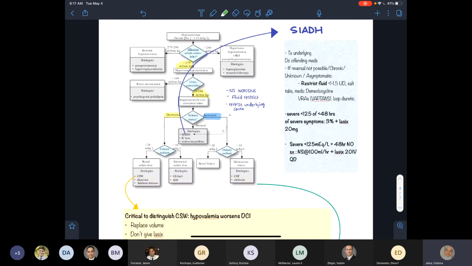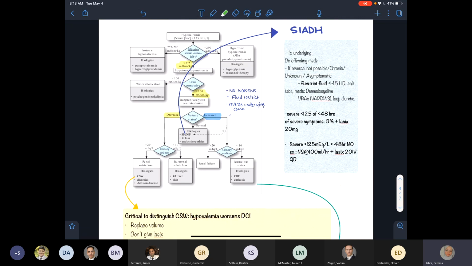and salt wasting treatment. So when it comes to SIADH, I briefly alluded to it before. You restrict fluid. When do we restrict fluid? When patients are not severe, which is sodium less than 125, or they're asymptomatic, or we don't know how long they've had hyponatremia. You just restrict the fluids. You can do 1 to 1.5 liters.